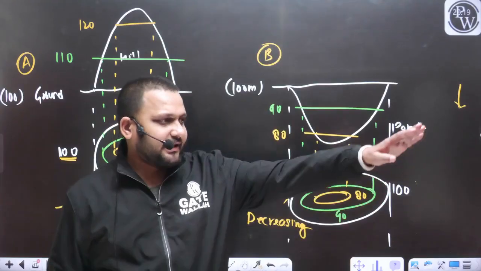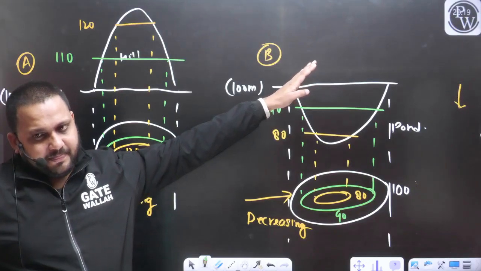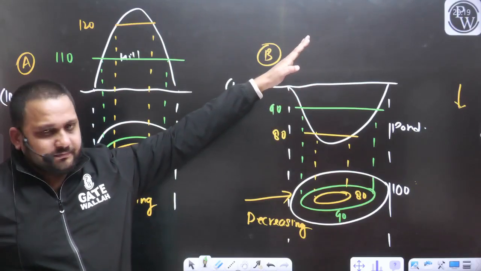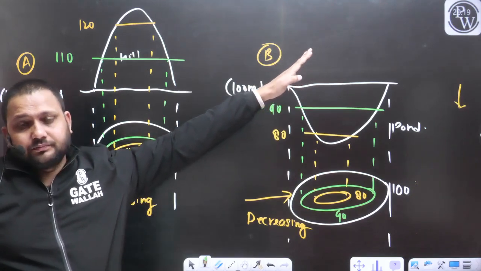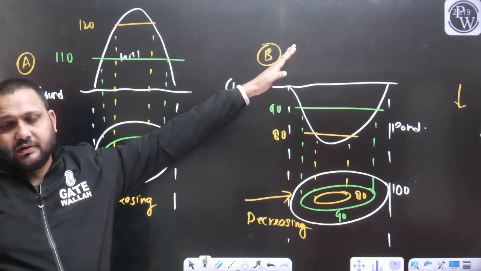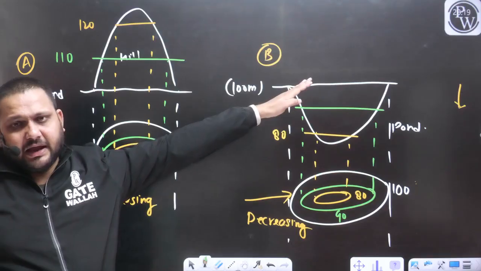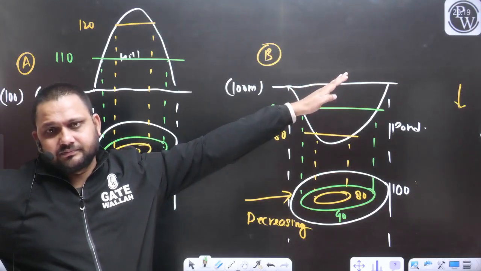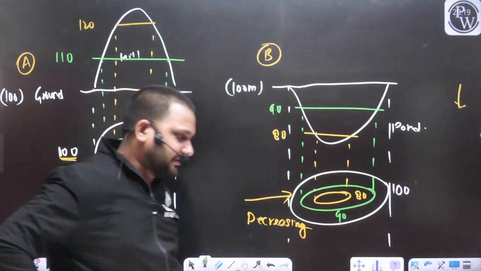Okay, so let's say this is the ridge line. Just understand, this is the ridge line. Can you imagine my hand as a ridge line?